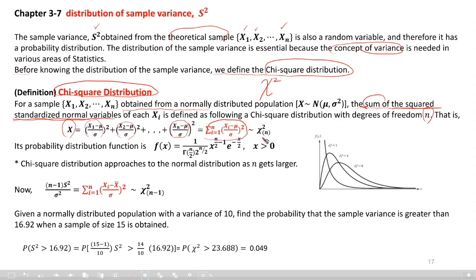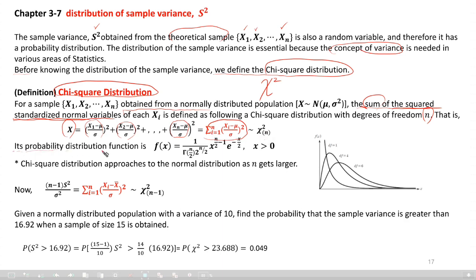How many independent items are here? 1, 2, up to n. X1, X2, Xn are independent, so even standardized and squared, they are still independent. So the number of independent items is n here.